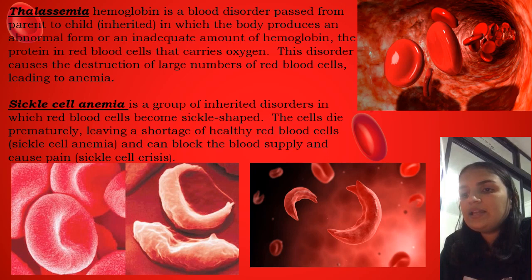It's a group of inherited disorders in which red blood cells become sickle-shaped. The premature death of those cells leaves a shortage of healthy red blood cells, called sickle cell anemia, and can block the blood supply, causing pain called crisis.